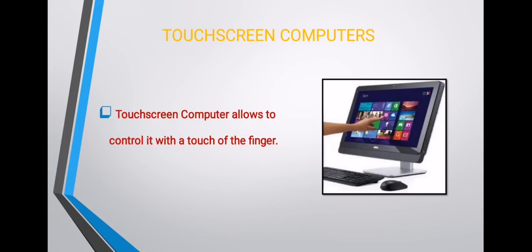There you can view the maps. It is used to view where the theaters, malls, and shops are available in Phoenix. For that they are using touchscreen computers. It's used to access information very fast.